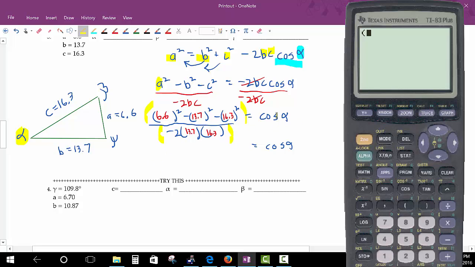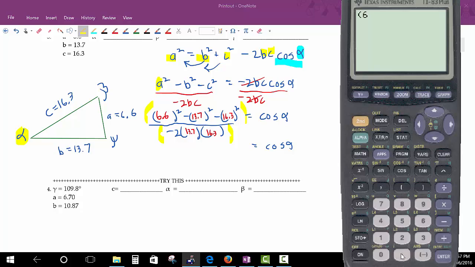So you would go parentheses 6.6 to the second power minus 13.7 to the second power minus 16.3 to the second power, and then close the parentheses.